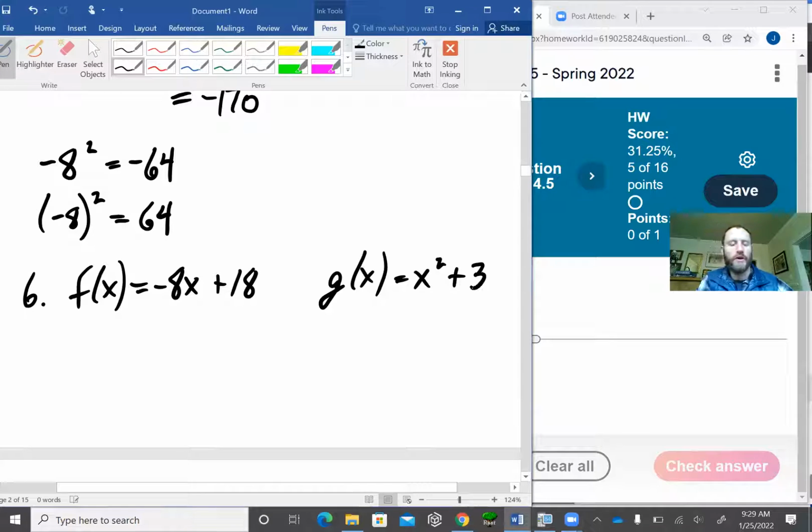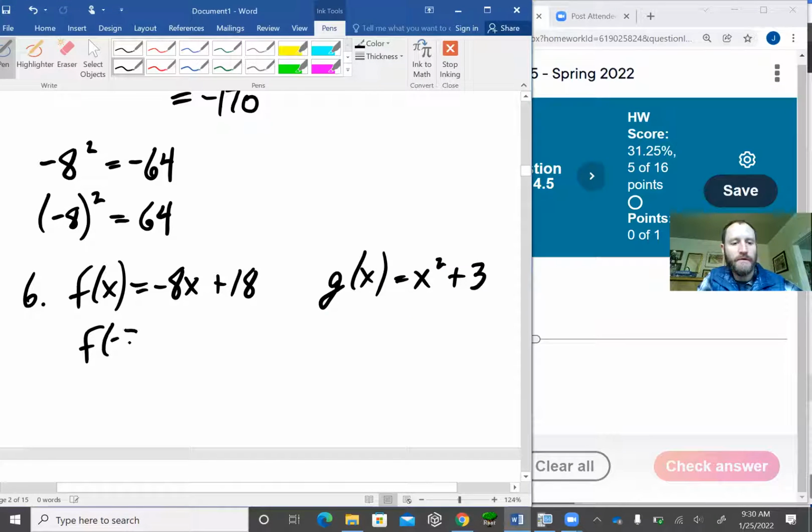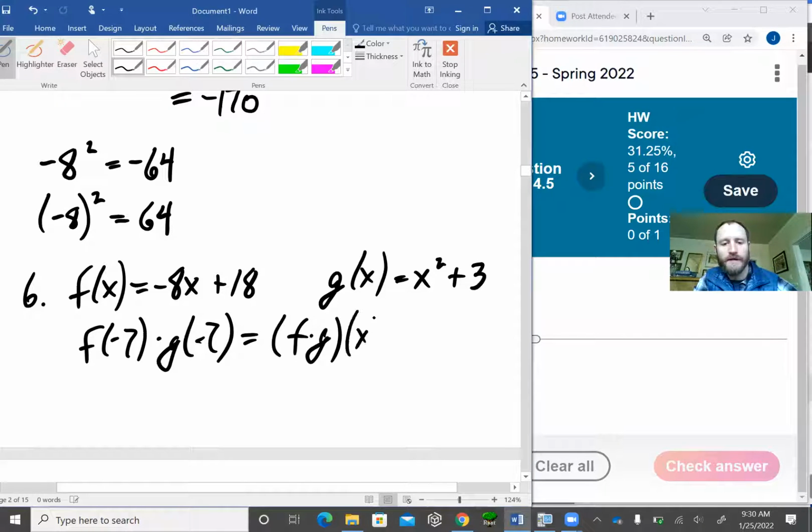So what are we trying to find? F of negative 7 times g of negative 7. Okay, so that's going to be the same as the joint formula f times g of x evaluated at negative 7.